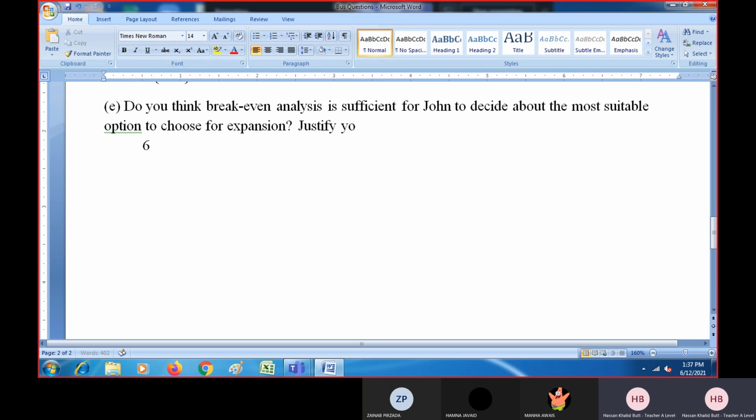Justify your answer. Now, this means that yes, you can talk about the problems which are there in break-even analysis or the usefulness of the break-even analysis, but in the end, you will come up with your own recommendation, your own suggestion. According to your opinion, what do you think? Whether you go with the statement or you are against the statement, right?